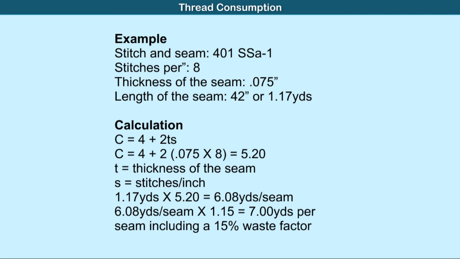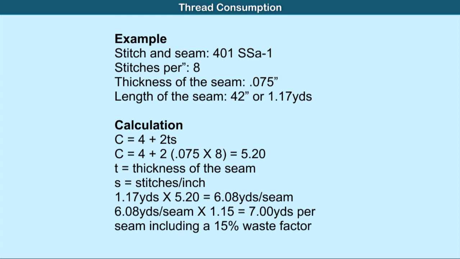Calculating the same thing based on the mathematical equation, that is C equals 4 plus 2TS. Here again, C is the consumption, which will be equal to 4 plus 2 in brackets 0.075 multiplied by 8, so it will be 5.20, where T is the thickness of the seam and S is the stitches per inch.